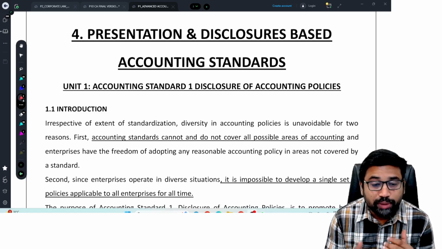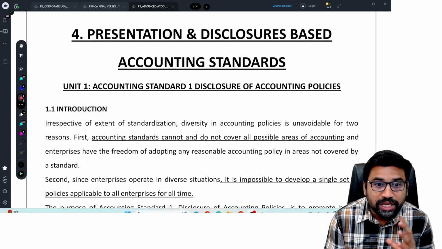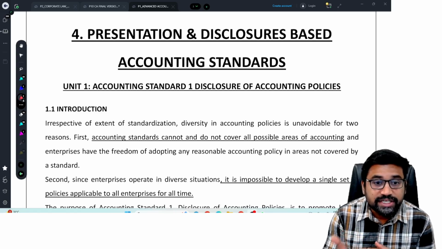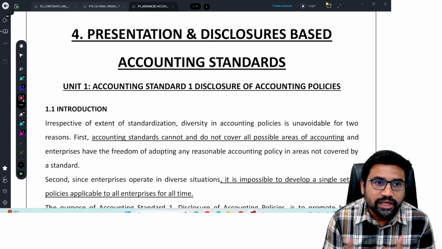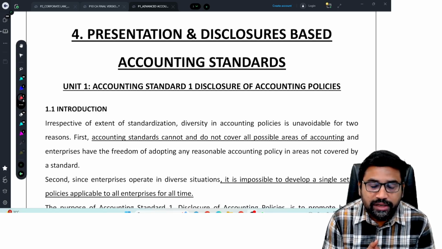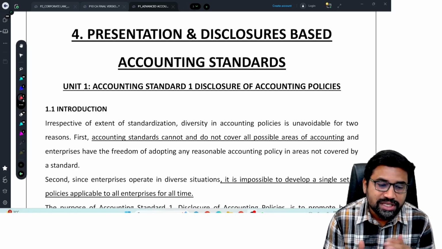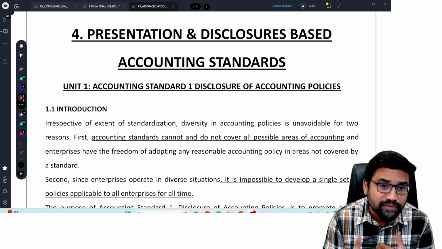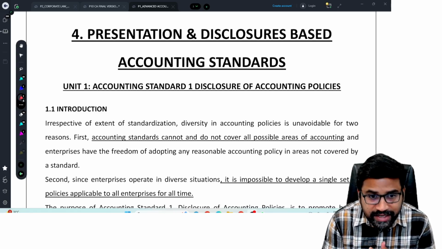Previously you might have learned accounting standards from some other materials where so many points are missed from study material, or where you learned the accounting standards in a shortcut manner. Learning accounting standards in a shortcut manner is okay till the old syllabus, because in the old syllabus the number of chapters is more and the number of standards is less.